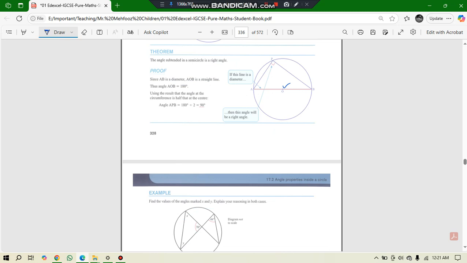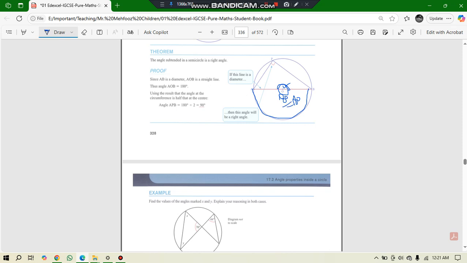Since AB is a diameter, angle AOB is 180 degrees. So the angle at the center of the circle by the arc AB is equal to 180 degrees.